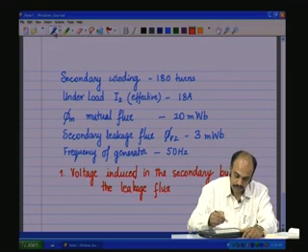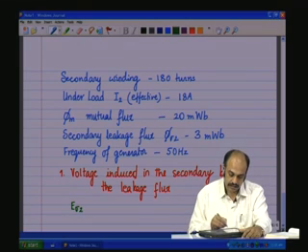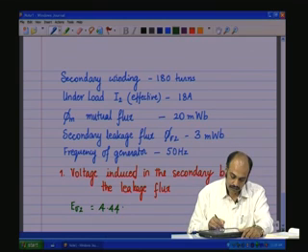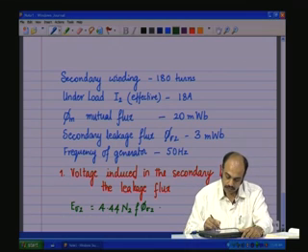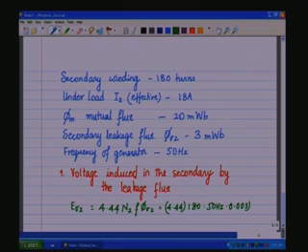We know that E sigma 2 is given by 4.44 N2 into frequency into flux phi sigma 2, which is 4.44 into 180 turns into 50 hertz into 3 milliwebers, which is 0.003 webers.